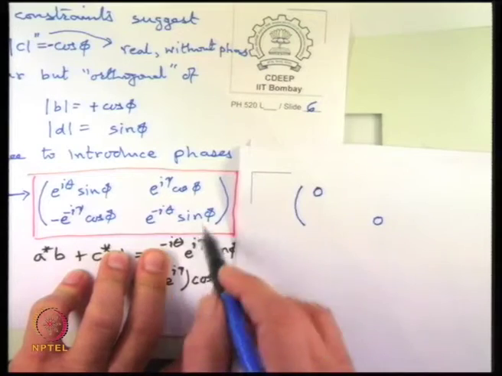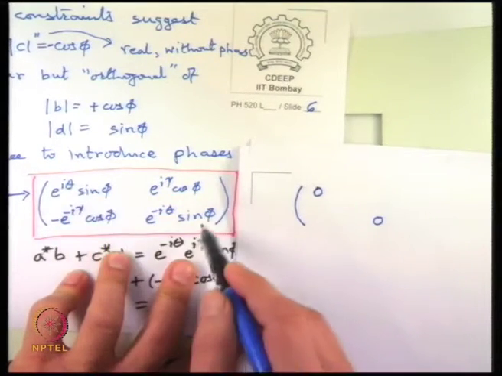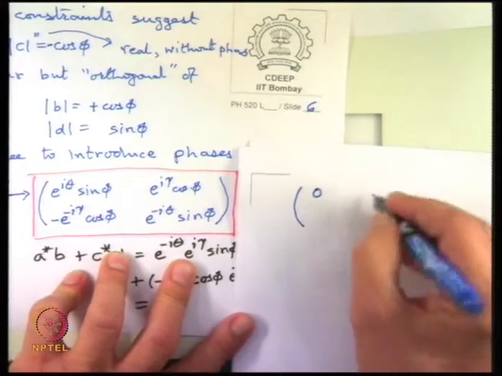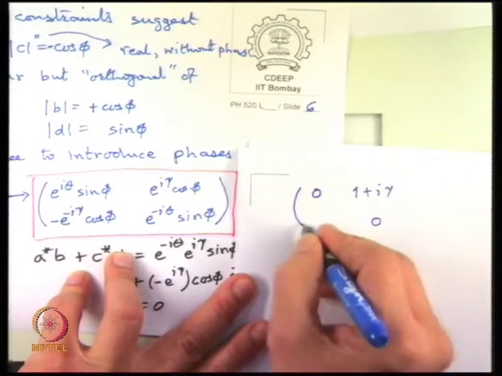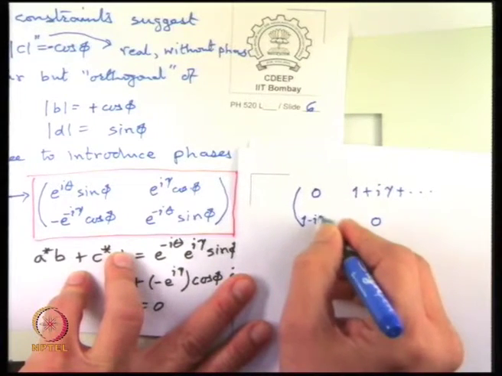So I set phi equal to 0. That doesn't even require me to worry about theta, because that sets this to 0 and these two factors to be 1. So I am left with 1 plus i gamma plus dot dot and 1 minus i gamma.